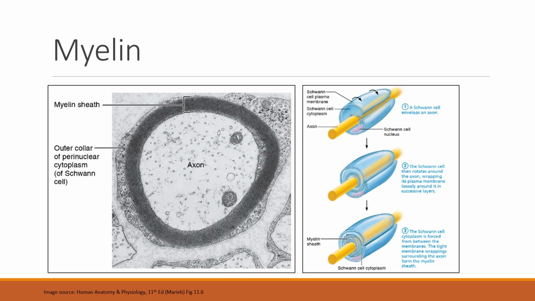And now a little bit about myelin. So this is in the peripheral nervous system here, but myelin also exists in the central nervous system. So if this yellow rod here is the axon of a neuron, you'd have this Schwann cell and it goes around and wraps around this.